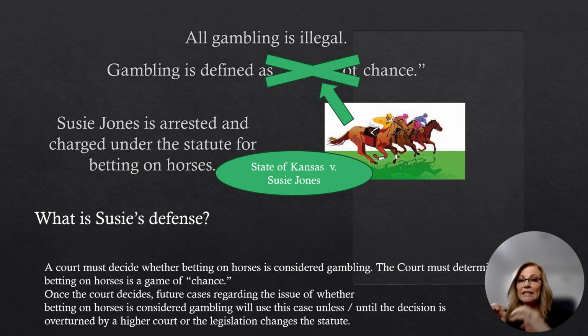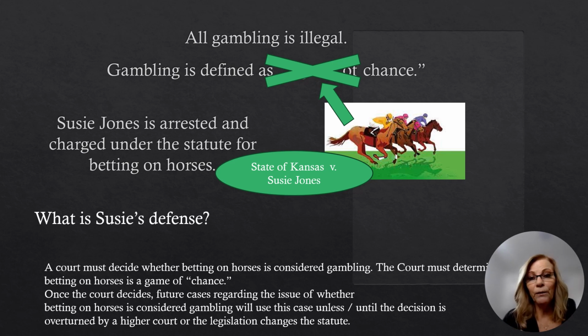The law is State of Kansas versus Susie Jones, unless a court that is at the same level or higher overturns this decision, but case precedent is to be followed. It's very difficult, or should be very difficult. We'll see, it's not always that difficult, to overturn precedent.